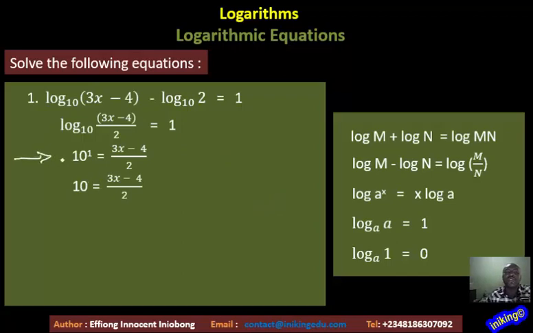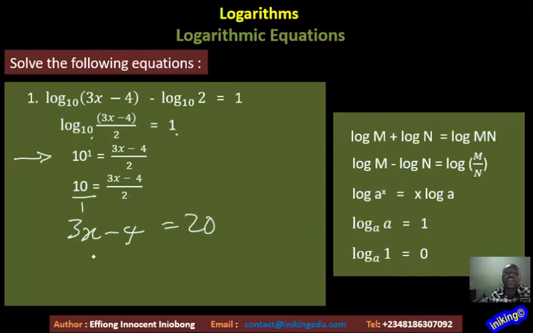10 raised to the power of 1 is equal to 3x minus 4 all over 2. And of course, 10 raised to the power 1 means 10. I can look at this as 10 over 1, and I cross multiply. 1 times 3x minus 4 will give me 3x minus 4, and 2 times 10 will give me 20.